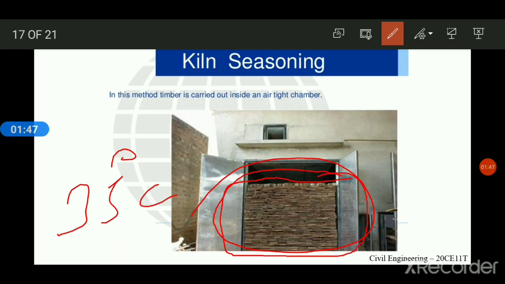Then the heat gradually reaches inside the timber pieces. The relative humidity will gradually be reduced. The temperature is then increased and maintained till the desired degree of moisture content.